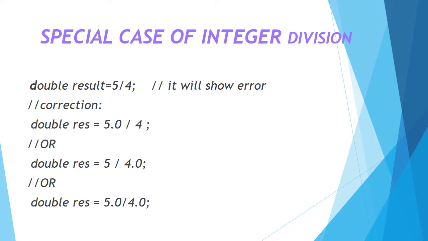But it will show an error, because if an integer is divided by an integer, it will give the output only in integer, not in double.